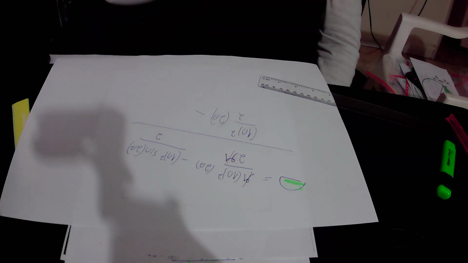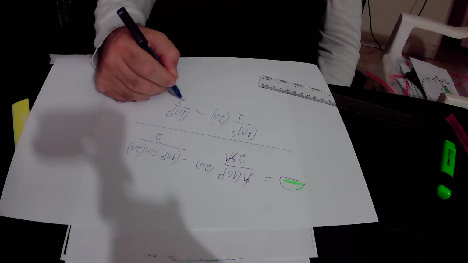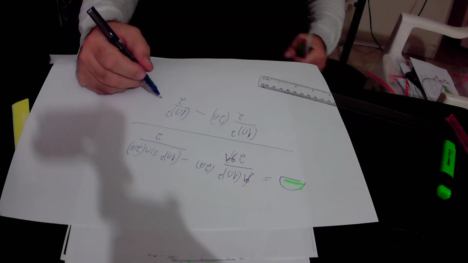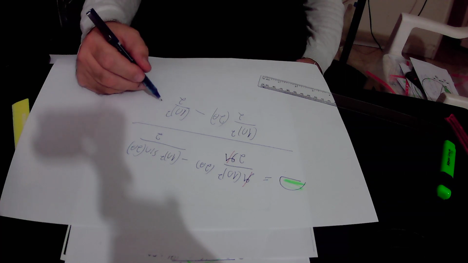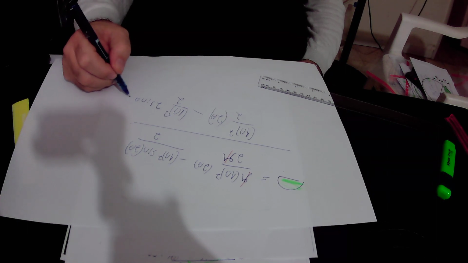minus 10 square over 2, and according to the trigonometric identity, sine 2 theta equals 2 sine theta cosine theta.